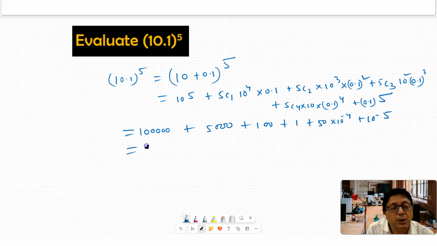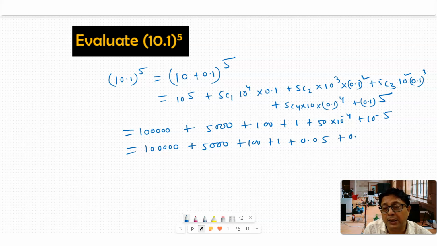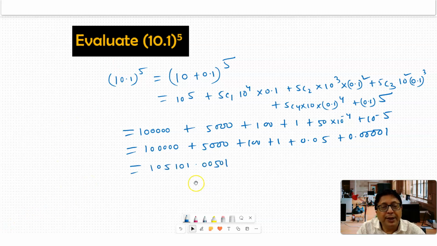Isn't it? So you write 0.05 plus 0.00001. Now add all these. By adding you can add easily, that you get 105.00501. Okay.